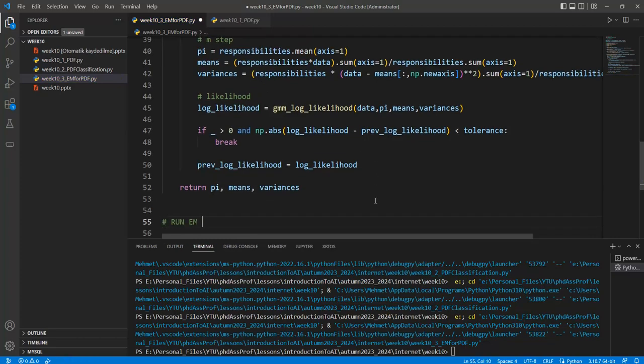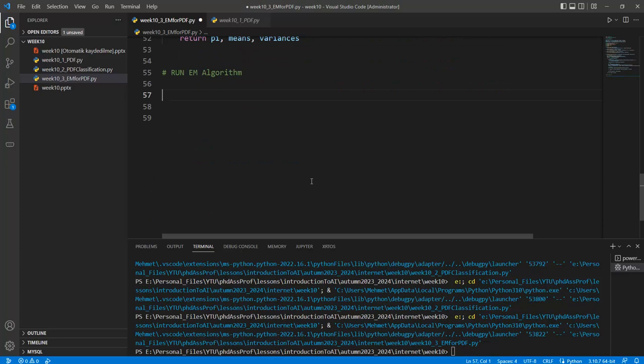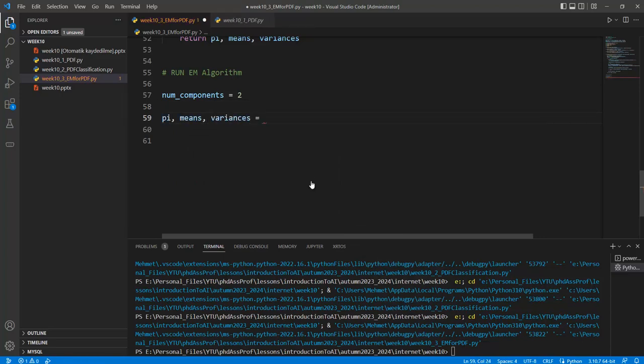So run the EM algorithm in this case. Firstly, we need to give the num components, like this one, 2. And we should give the pi, means, and variance values, which are equal to the expectation maximization algorithm.